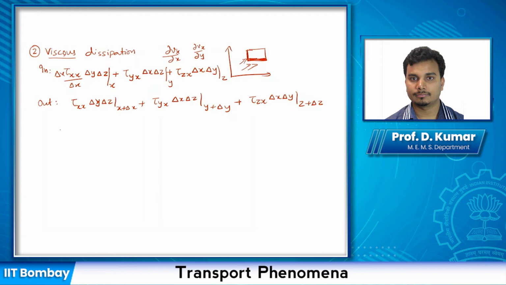If you do all these things, then your in minus out term will be minus delta x delta y delta z, and then you will have del by del x of tau xx, plus del by del y of tau yx, plus del by del z of tau zx.